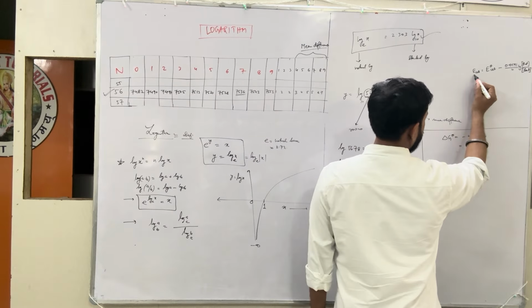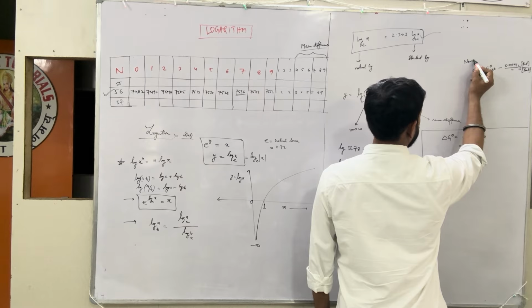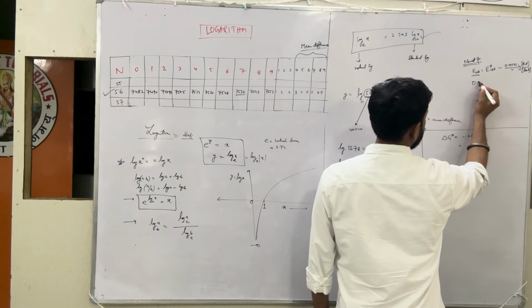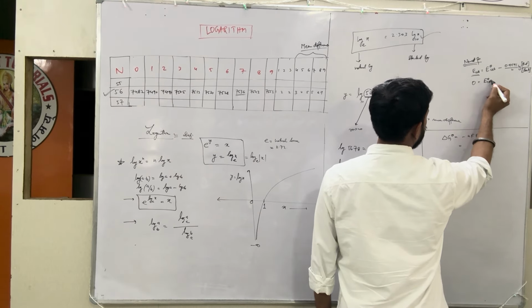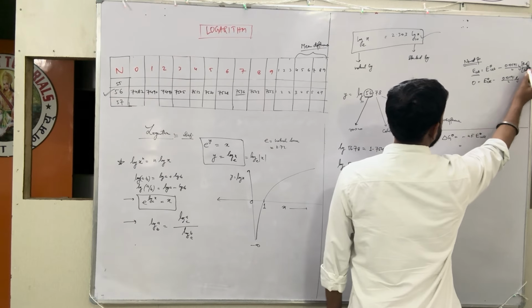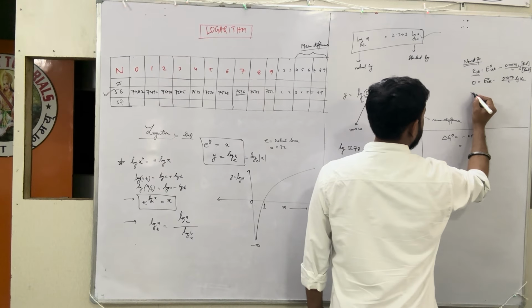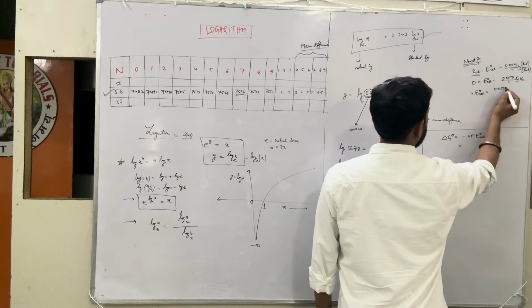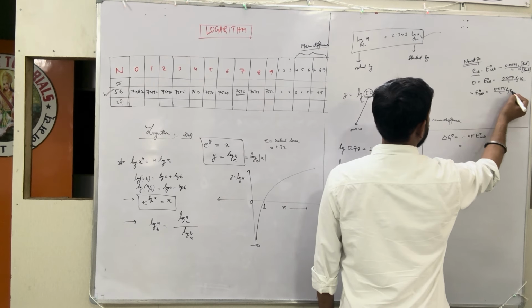So you see, the Nernst equation is given by this. Now when E cell becomes 0, this E naught cell is equal to 0.0591 by n, and this becomes Kc, right? So E naught cell will be 0.0591 by n log Kc.